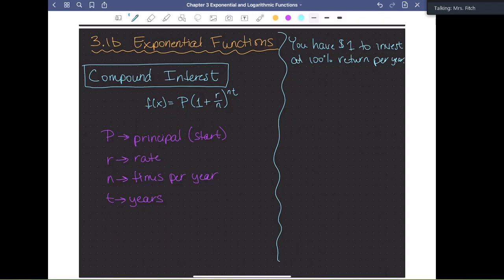So ultimately, your interest rate would be 100%.